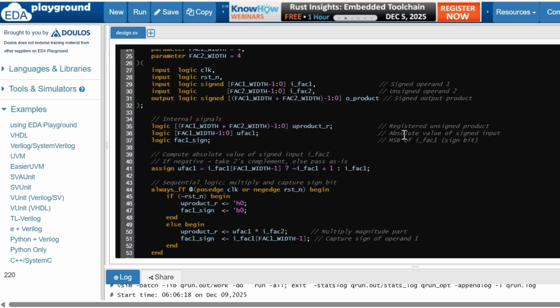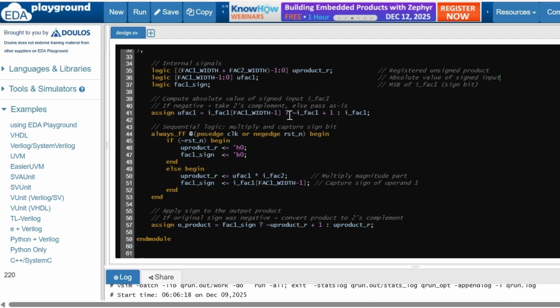So this multiplier works for inputs where one input is signed and the other input is unsigned. In many DSP applications, we have such arithmetic where a few of our variables are signed and a few are unsigned, and we have to multiply them and get an output signed product. How we handle this kind of multiplication is what we are going to understand in this module.